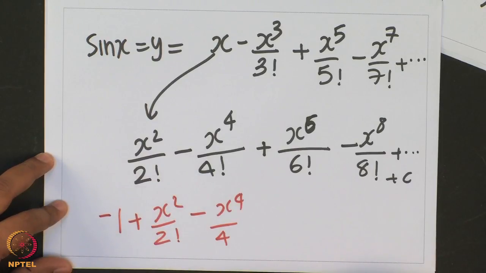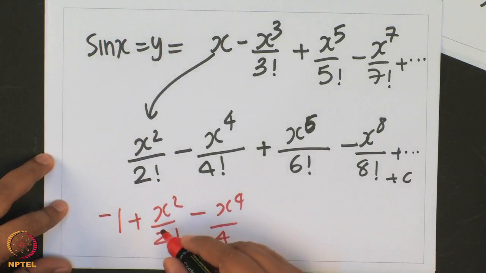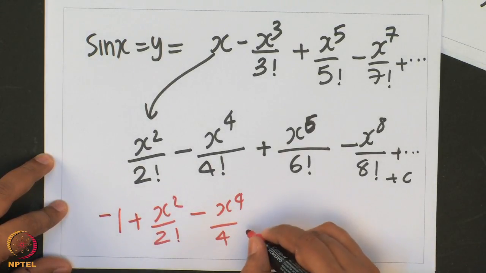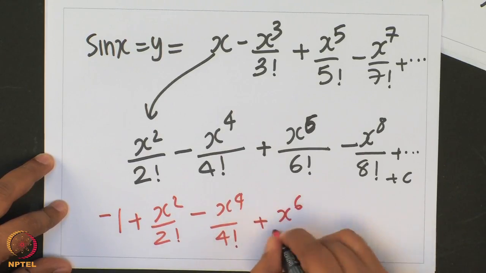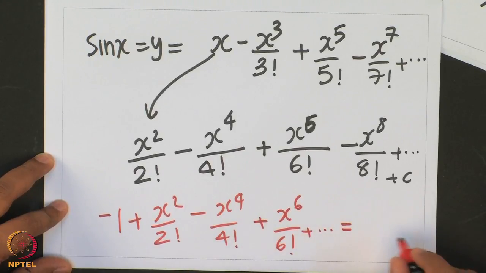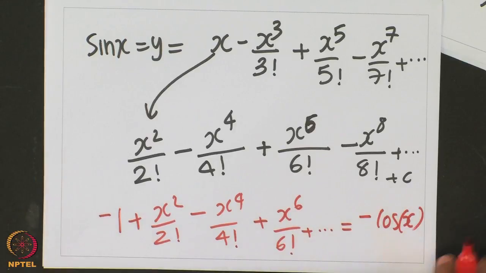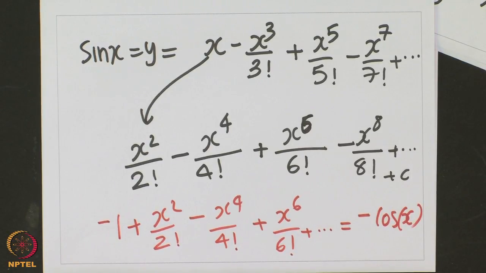So you will basically have minus 1 as the constant, minus 1 plus x square by 2 factorial minus x power 4 by 4 factorial plus x power 6 by 6 factorial plus dot dot dot, and this will turn out to be nothing but minus cos x. I urge you to look at it and you will see that this is indeed minus cos x.